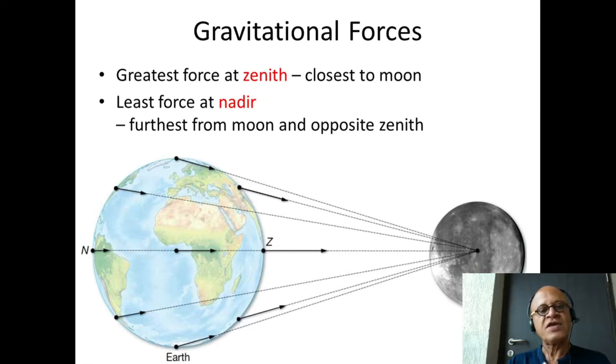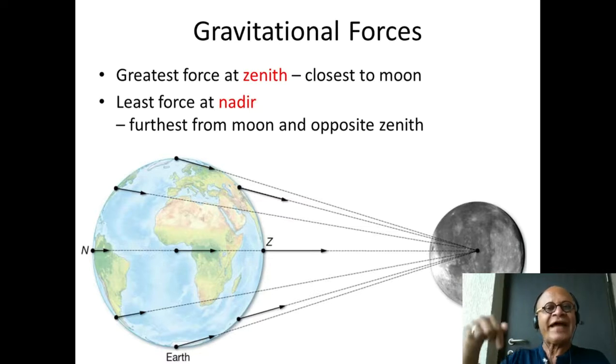As you go away, especially to the nadir, you are getting away from the moon, so the gravitational pull also decreases, as you can see by the size of the arrow. At nadir, the arrow is smaller, these are smaller, gets bigger, and at the zenith it's maximum. So everything on Earth is being pulled by the gravitational force of the moon. Okay, this is something to remember.